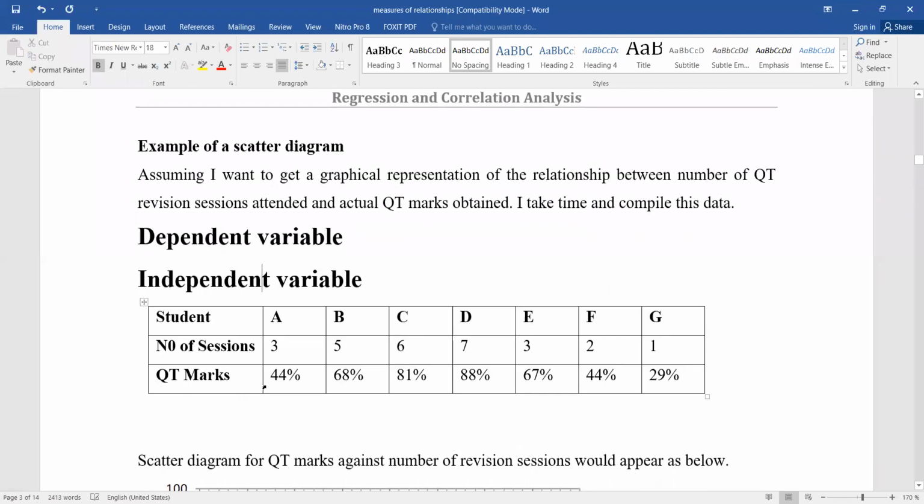So from this, what depends on the other? We have number of sessions and QT marks. What depends on the other? You have to type what depends on the other.